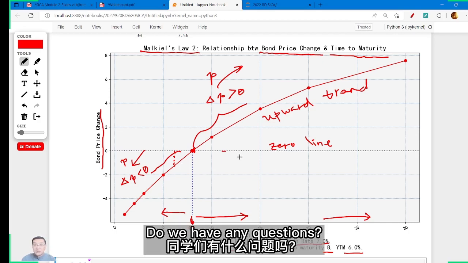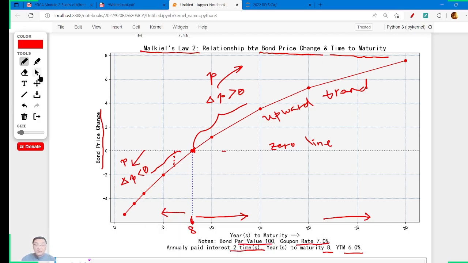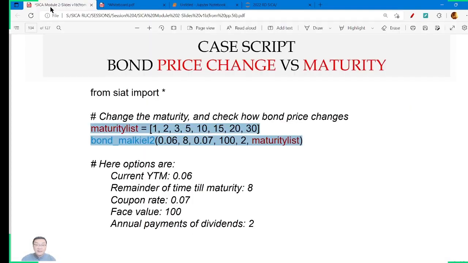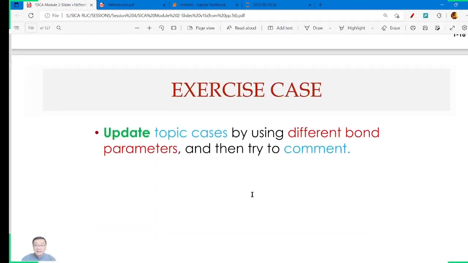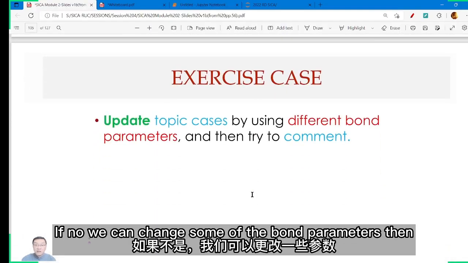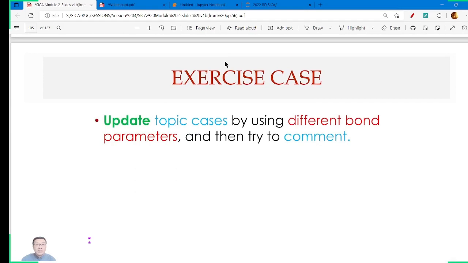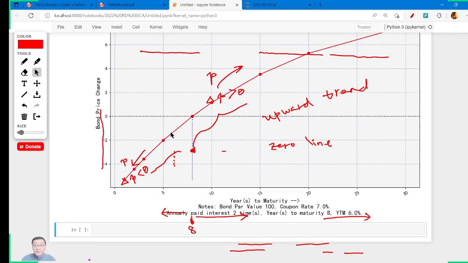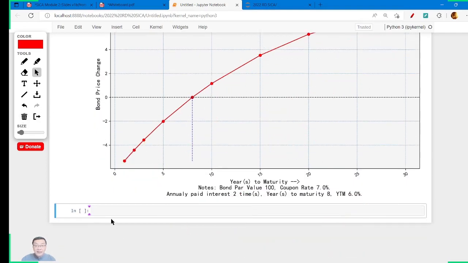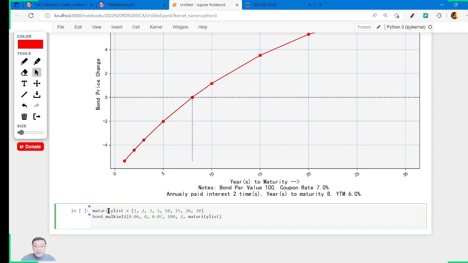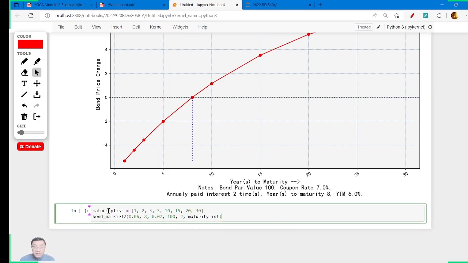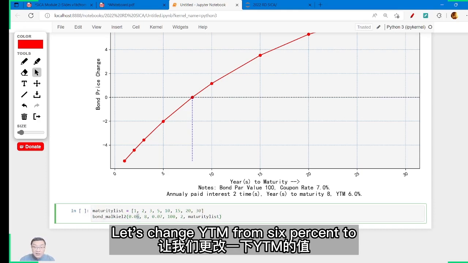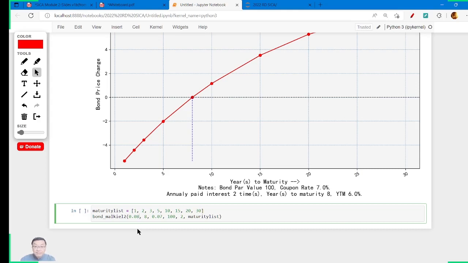Do we have any questions? If not, we can change some of the bond parameters and let's try to call someone to explain. Say, for example, let's change YTM from 6% to 8%.